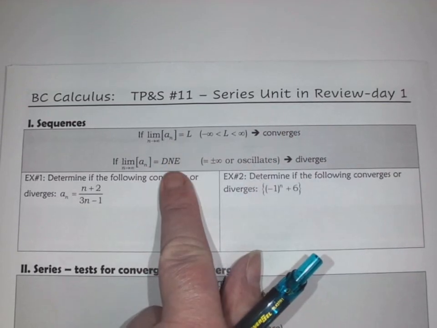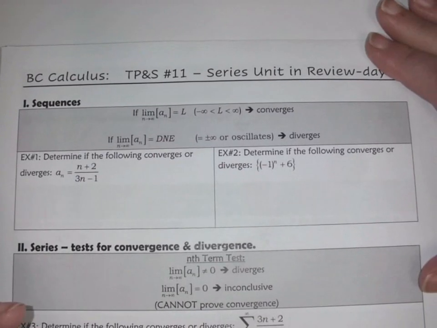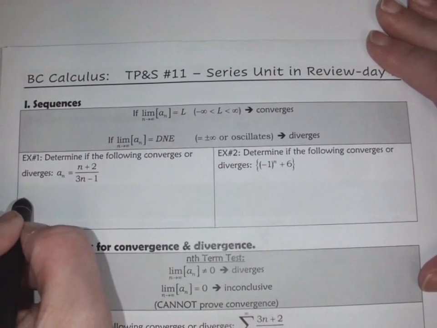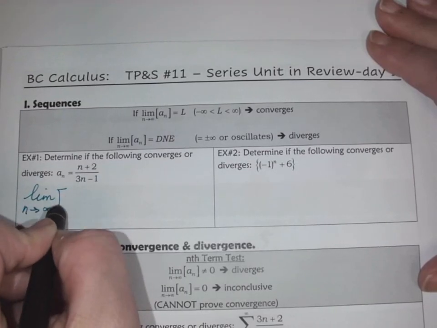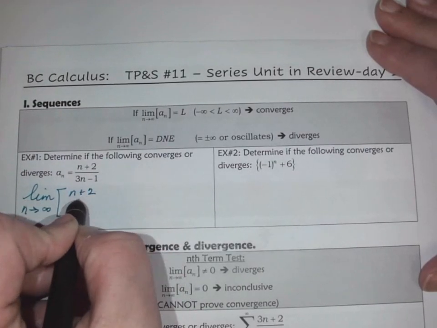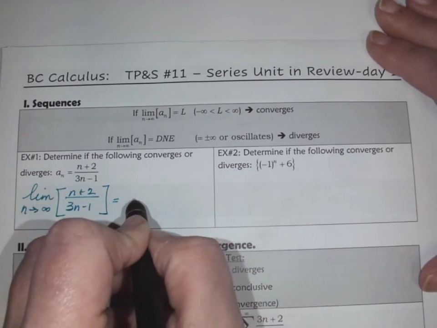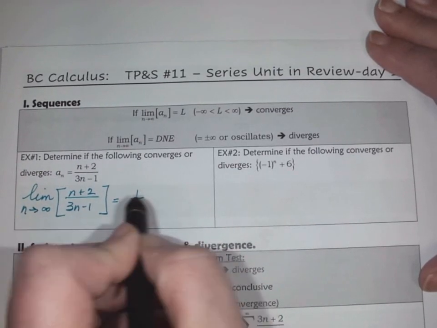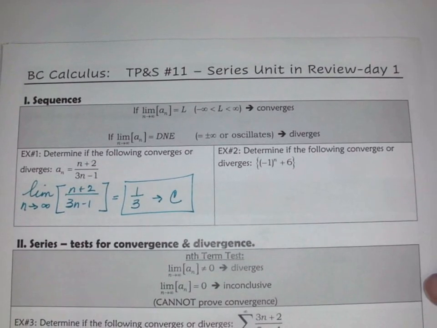If the limit does not exist, then we say it diverges. So to determine if a sequence converges or diverges, we just use our top-heavy, bottom-heavy equal trick. So n plus 2 over 3n minus 1, my limit is going to be 1/3, so therefore we converge to 1/3.